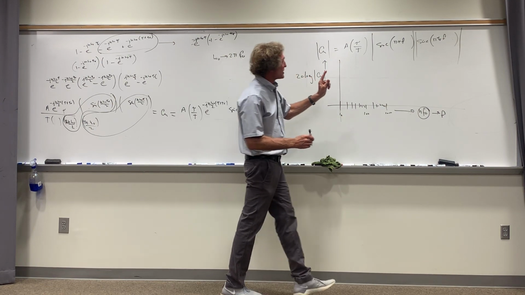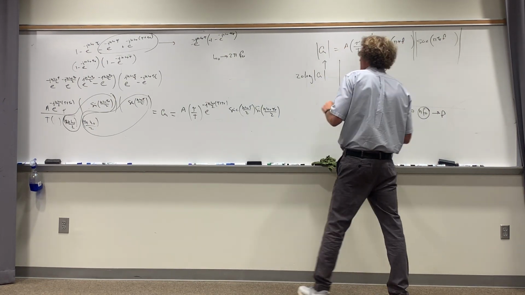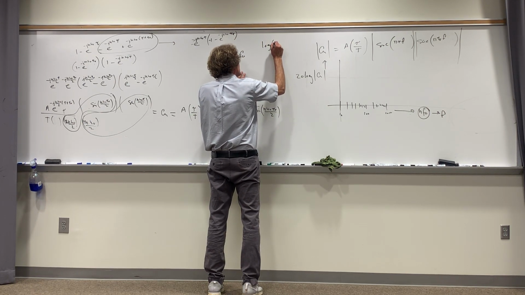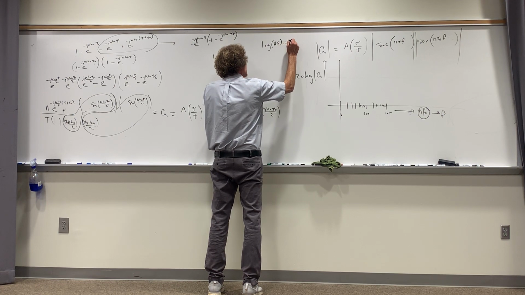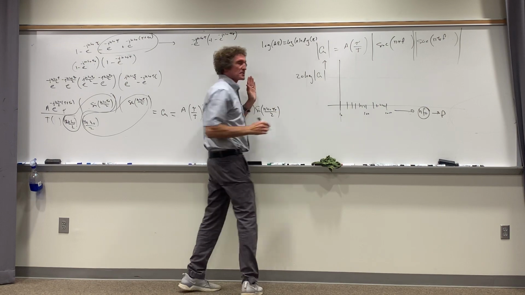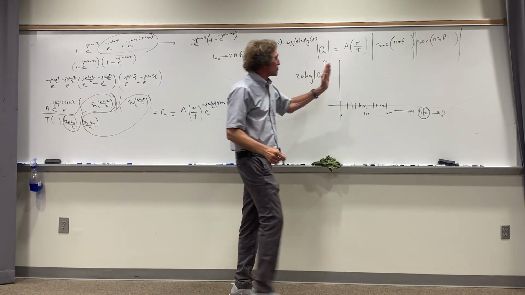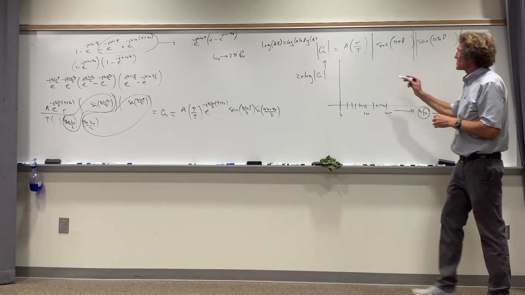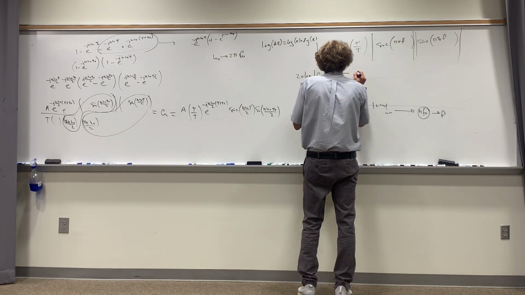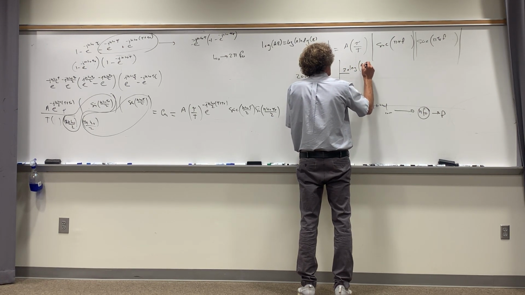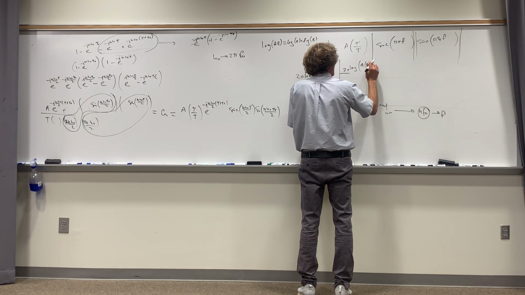Now, if you have log base 10 of A times B, that's log base 10 of A plus log base 10 of B. Does everybody understand that? Yes. Now that means I can break these up into logarithmic terms, sequential, each one of them, right? Well, the first term is going to be 20 times the log of A and then tau over T, right there.